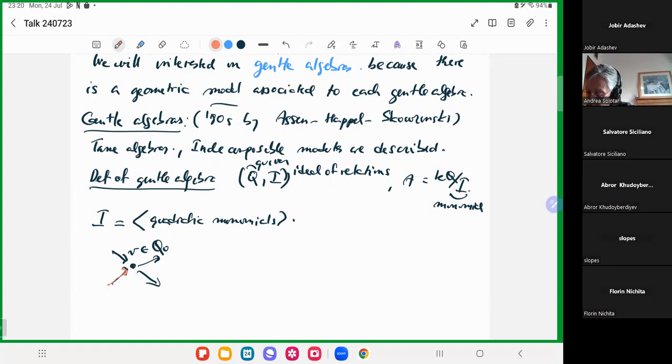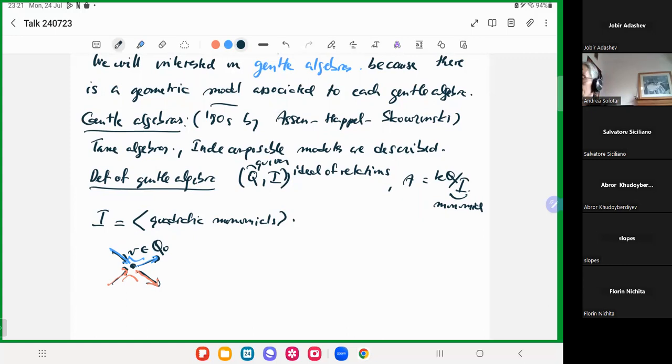So one of them I have to ask to be a zero composition, and the same for the other. So for example, I ask this composition to be zero. So this is, in a very brief way, the definition of a gentle algebra.